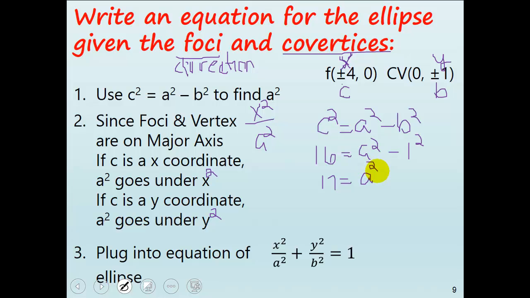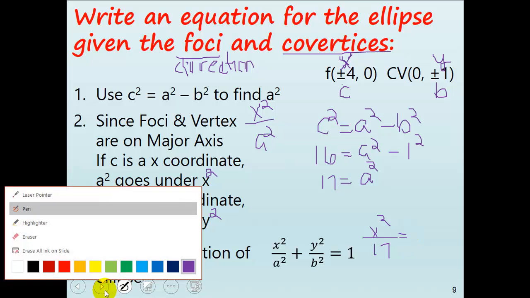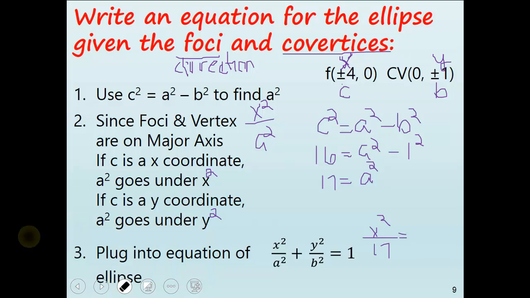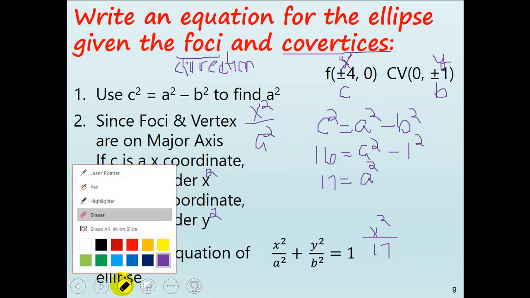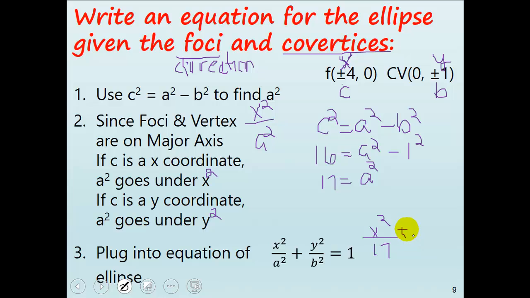Now I'm going to plug it into this equation, and I get X squared over 17 plus Y squared over B squared is 1, equals 1. All right, and we did it. All right, why don't you try the video question?